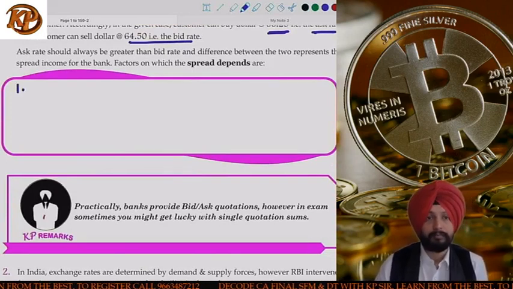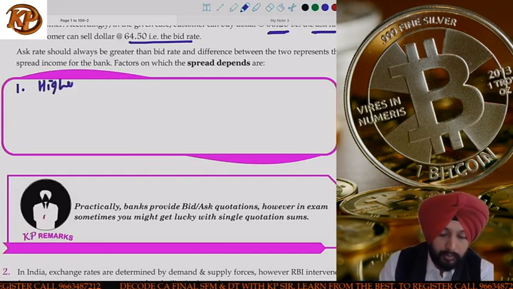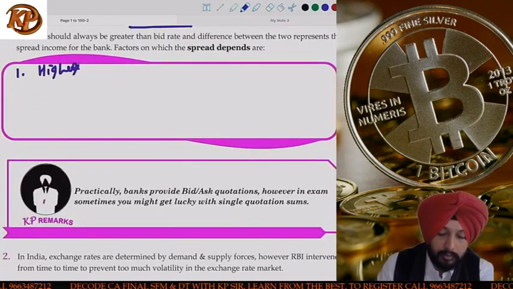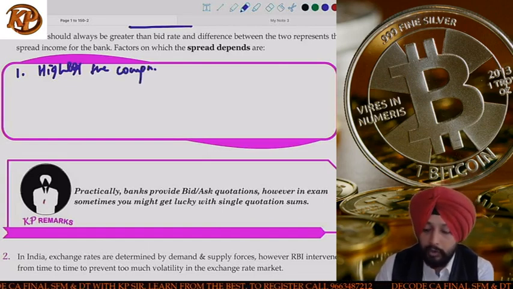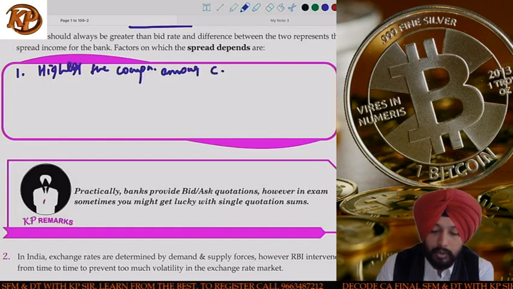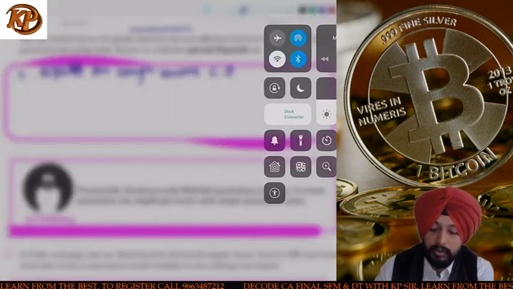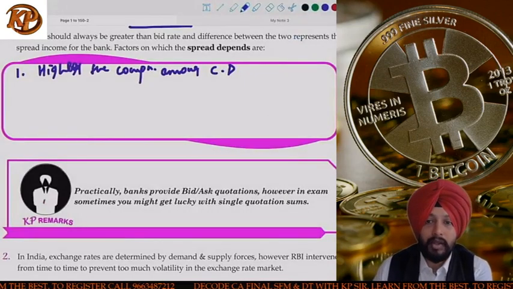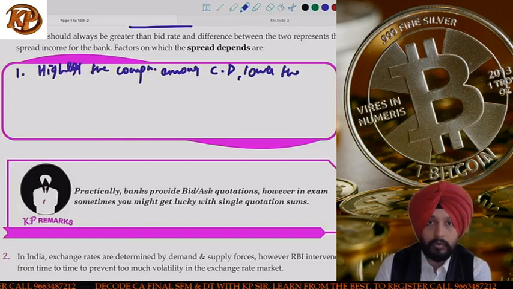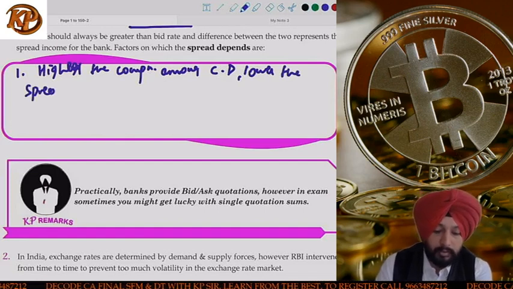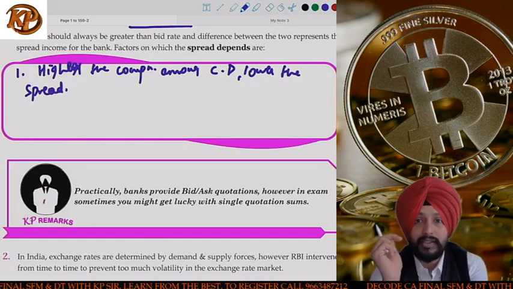Please write point number one: higher the competition among currency dealers, lower the spread.